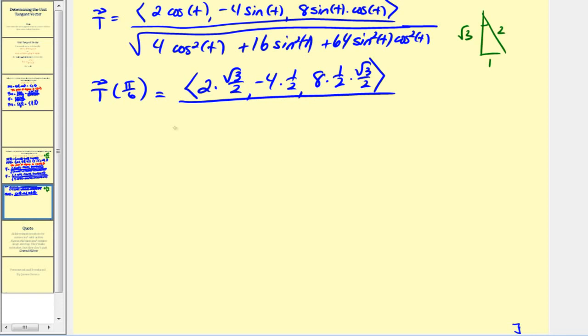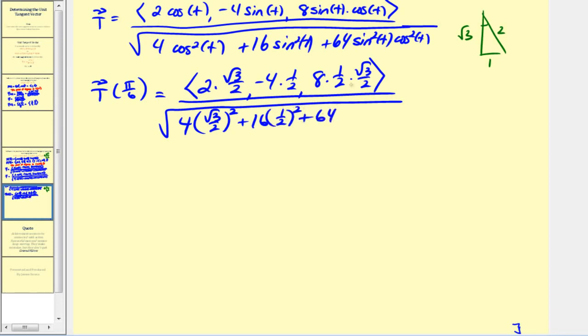And our magnitude is going to be the square root of 4 times cosine pi over 6 squared, that will be square root 3 over 2 squared, plus 16 times sine squared pi over 6. Well, sine pi over 6 is 1/2, so we'll have 1/2 squared. And here we're going to have 64 times sine pi over 6 squared, which is 1/2 squared, and then we'll have square root 3 over 2 squared.